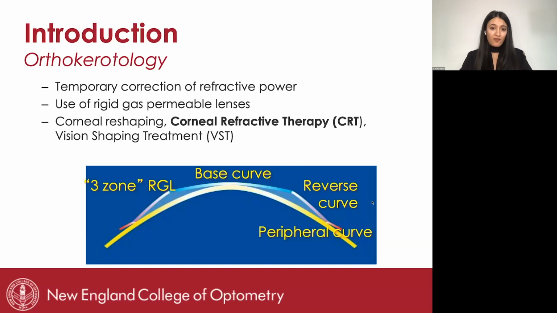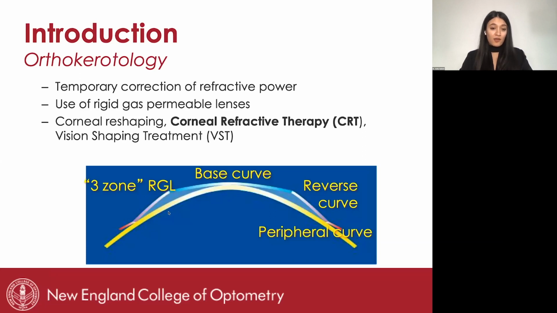Here's a diagram. Let's start with the yellow line here, which is just a tri-curve RGP. With modern orthokeratology, these lenses typically come in multiple zones, but just to give you a basic understanding of how it relates to your standard tri-curve design: with orthokeratology, the central base curve is actually flatter than your secondary curve, right?